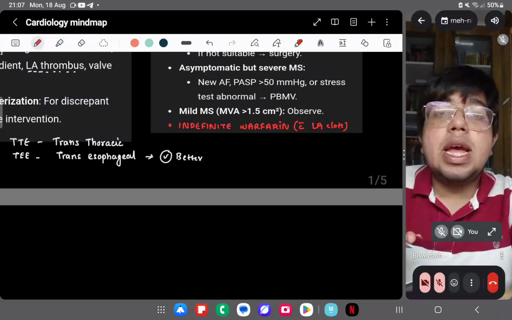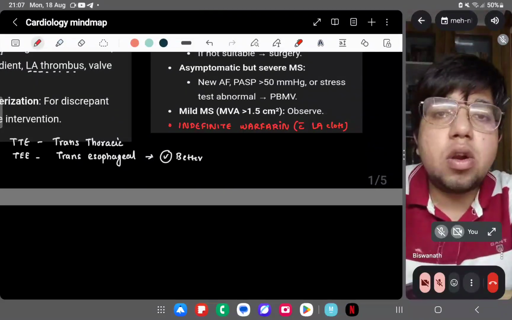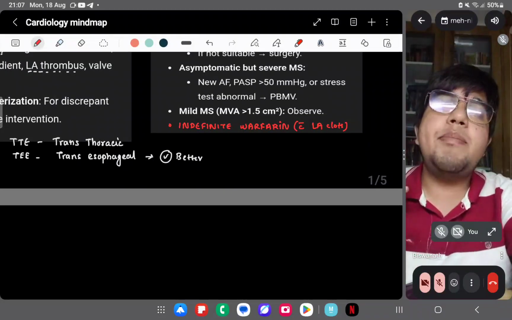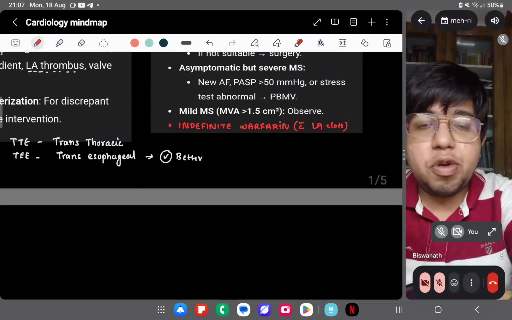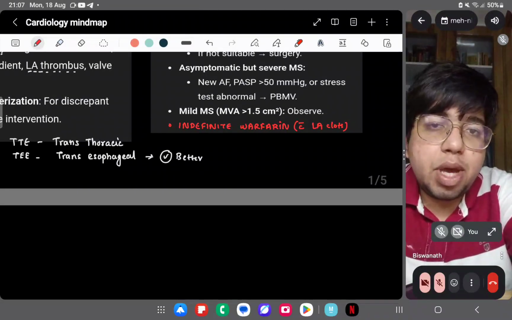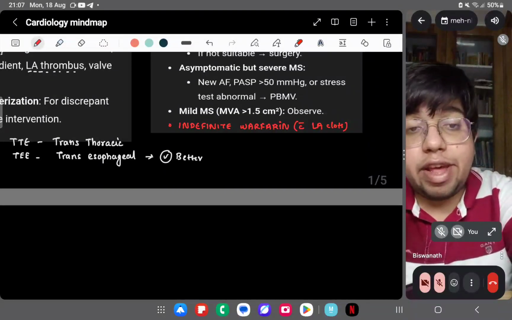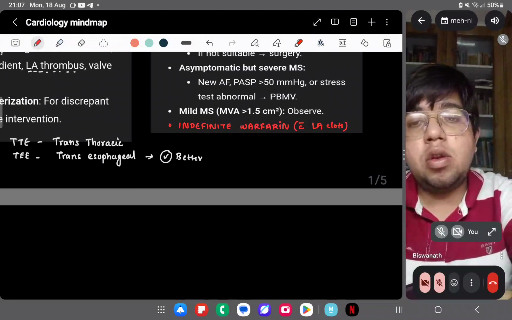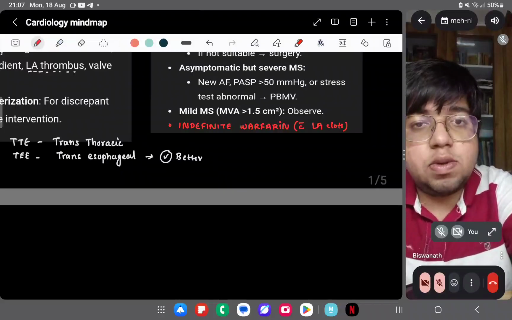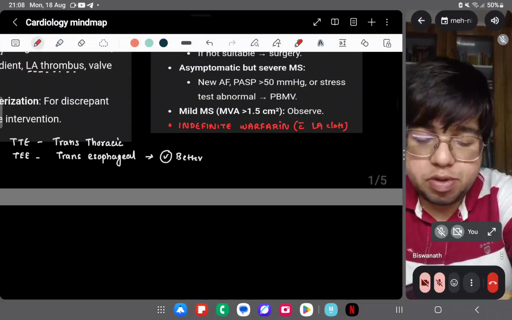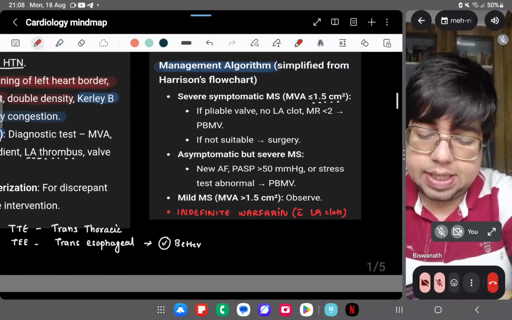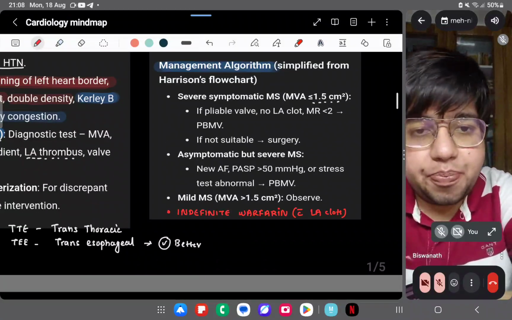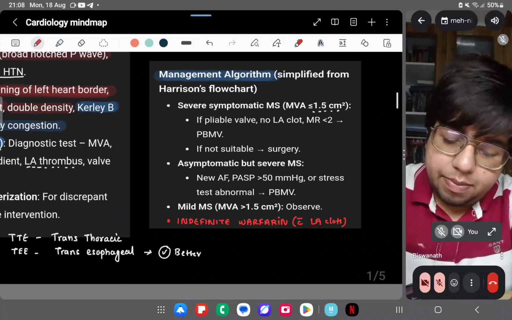There is no role of newer oral anticoagulants in MS. These are the guidelines which I'm telling. There is no such role of newer oral anticoagulants which are coming up. But we have a very classical treatment of choice, which I tell you. Here it is written: PBMV.